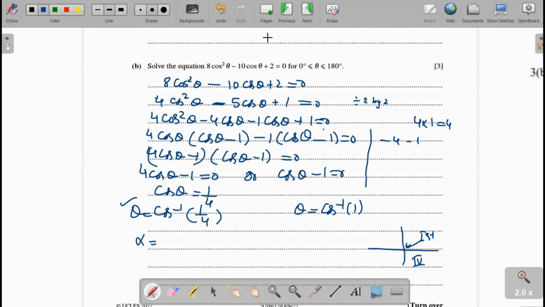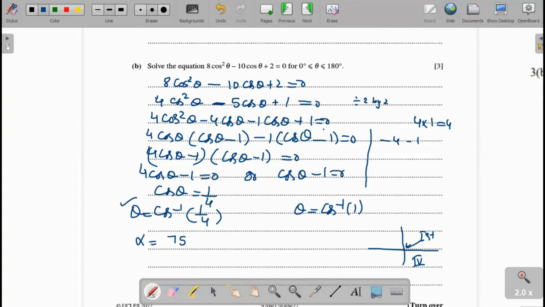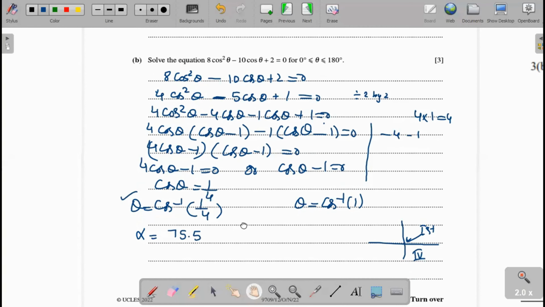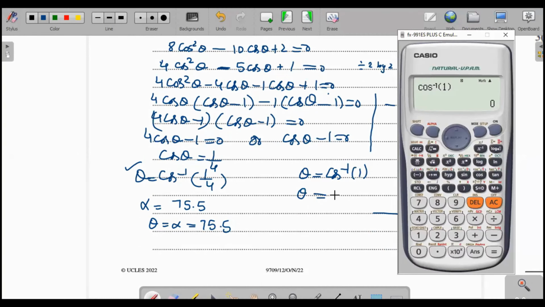We calculate it: cos⁻¹(1/4) is 75.5°. Therefore θ equals alpha, because the angle lies in the first quadrant, so 75.5° is the answer. Now cos⁻¹(1) is 0.